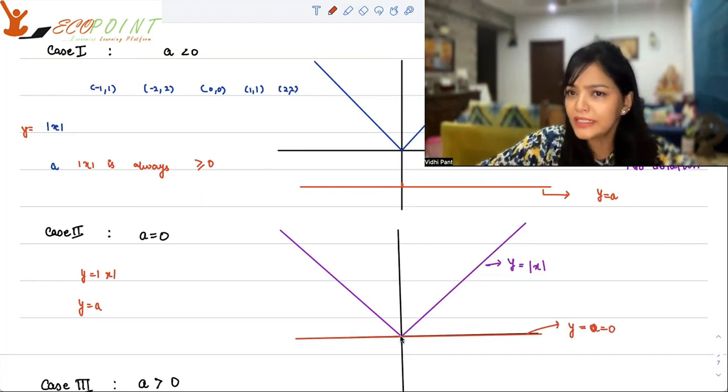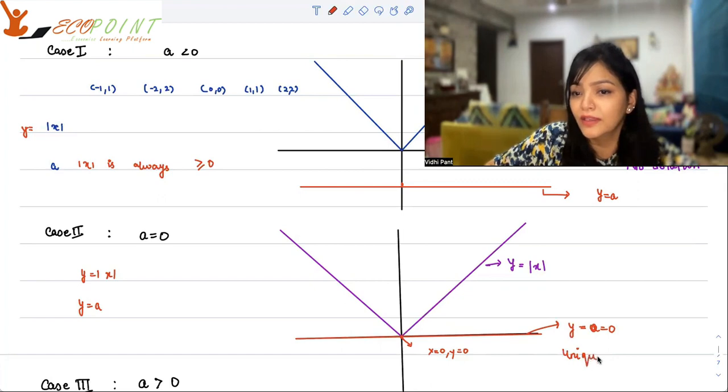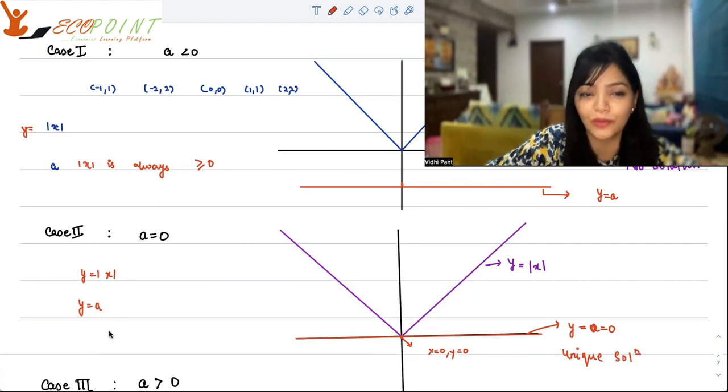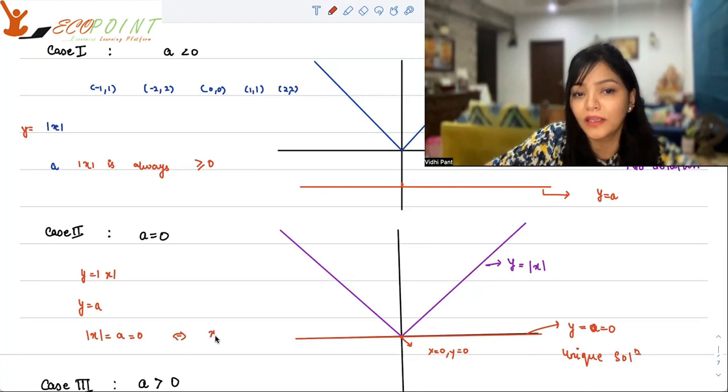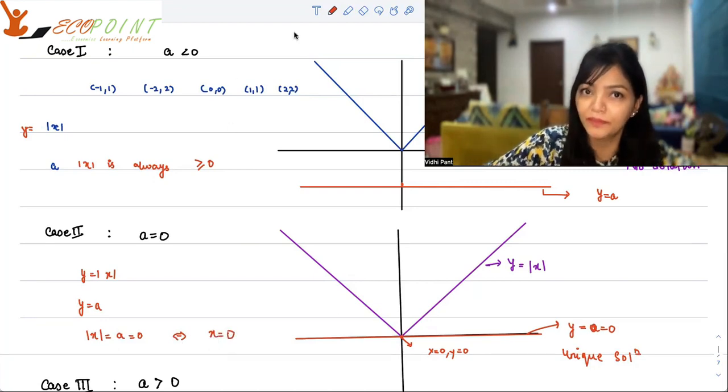Well, we do have an intersection with mod x here. And what's that intersection? The intersection is happening when x is equal to 0. And in fact, y is also turning out to be 0. So you have a unique solution, and that is x equals to 0. So mod x equals to a, which is equals to 0, gives you a unique solution, x equal to 0. Okay.